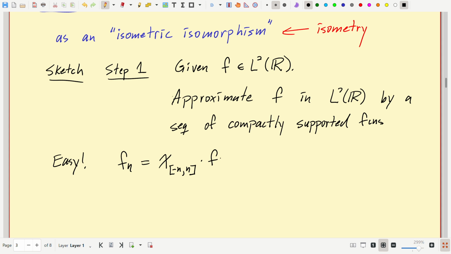We've seen that thing before. The characteristic function of the closed interval is equal to 1 in the closed interval and 0 outside. So that's the characteristic function for that.